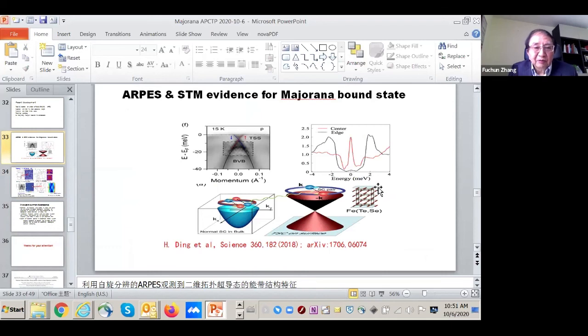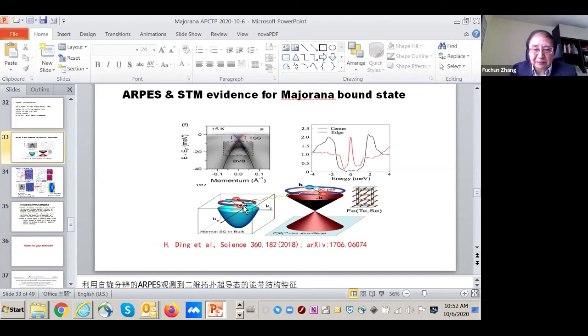Okay. So what Hongding's group and his collaborators did was two things. First, they used ARPES, spin polarized ARPES, to show the surface state of the iron-based topological superconductor. In the normal state it is just a helical metal, spin is locked to the momentum, because spin polarized ARPES can show that.